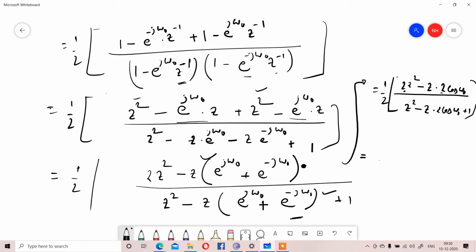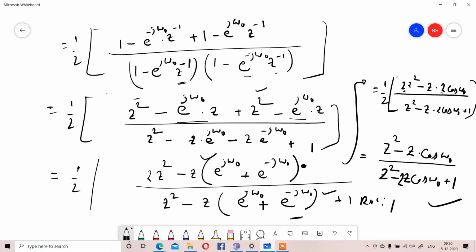So the final result will be z square minus z into cos omega naught in the numerator, and z square minus 2z cos omega naught plus 1 in the denominator. So that will be your result, where ROC is mod z greater than or equal to 1. So that is all.